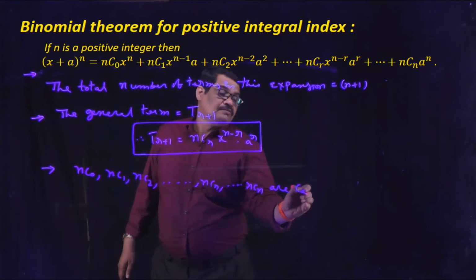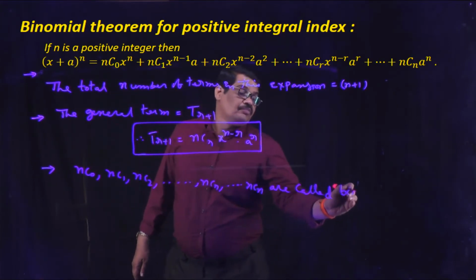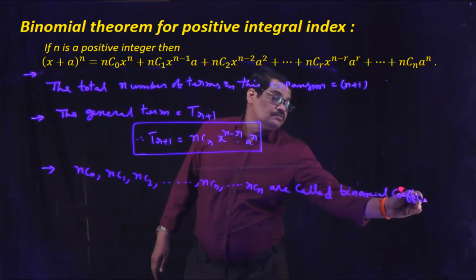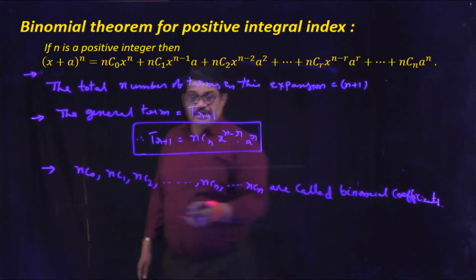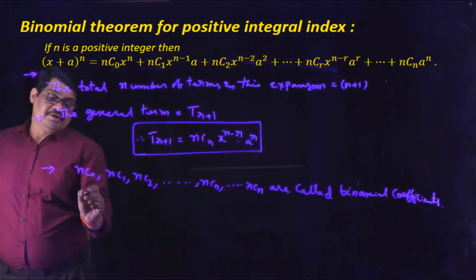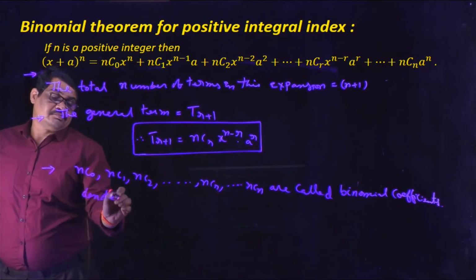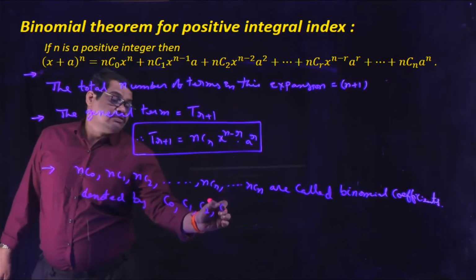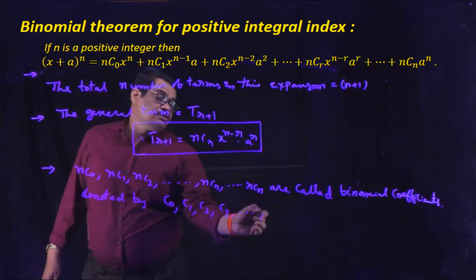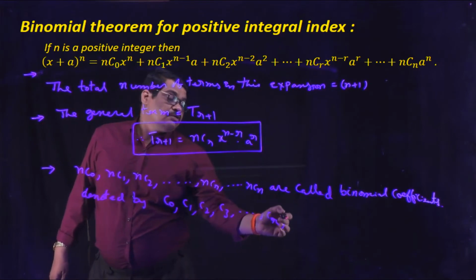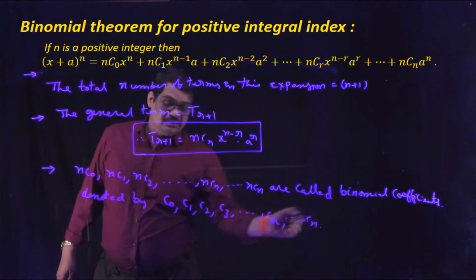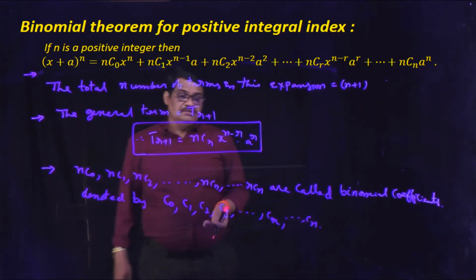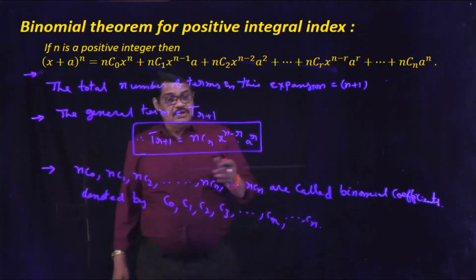They are simply denoted by C0, C1, C2, C3 and so on, Cr and so on, Cn. So these are binomial coefficients.